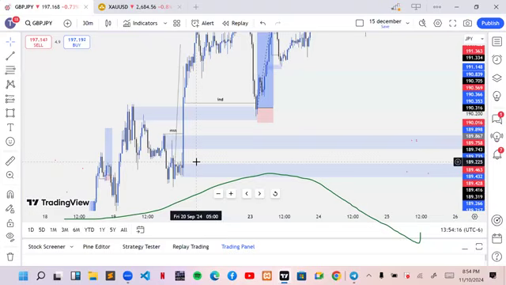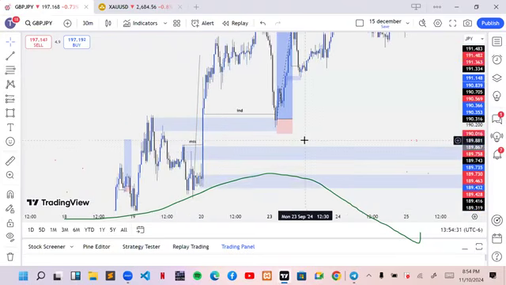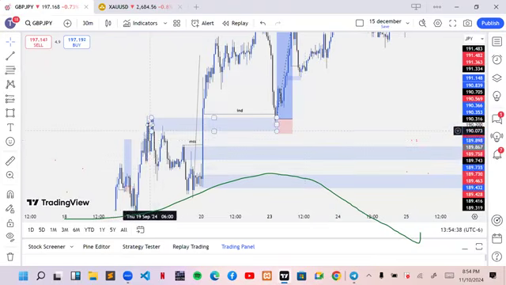What if it takes two buy candles to engulf that sell candle, is it still valid? It's still valid, because after that the market actually made a bullish move.